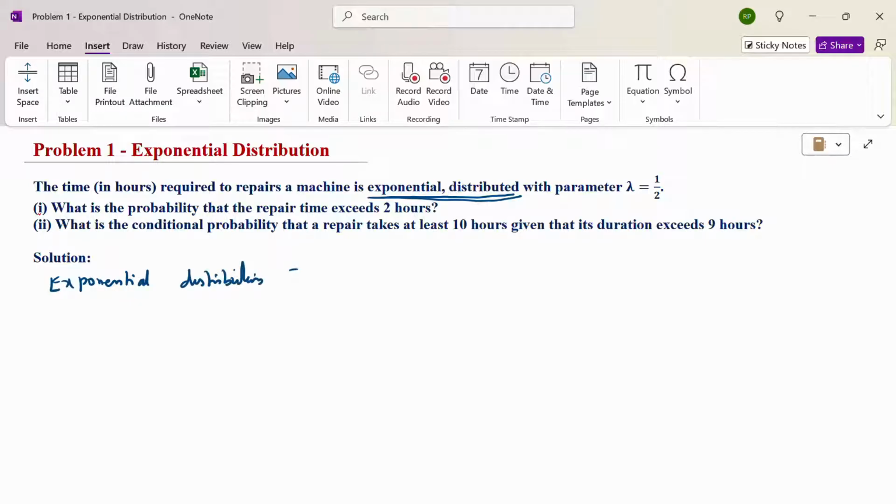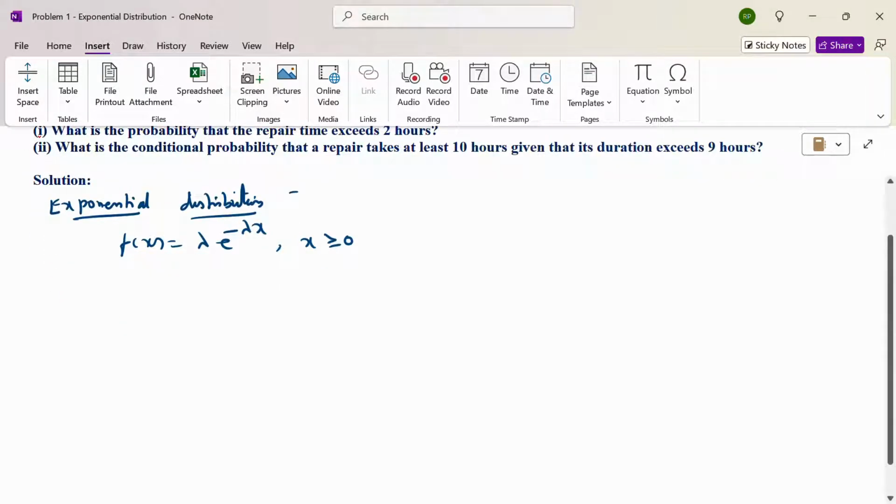Exponential distribution: f of x equals lambda e power minus lambda x, x greater than or equal to 0. Next, given lambda value 1 by 2.